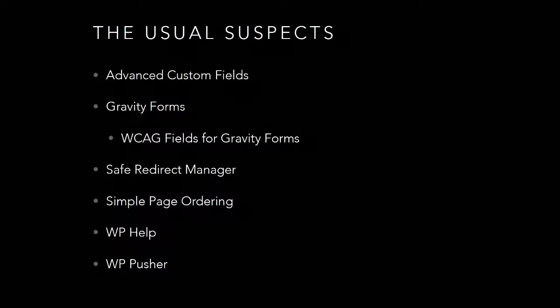I use it a lot just for whatever custom little thing that I've done for the client that's not pure WordPress. That helps me kind of keep track of that. And WP Pusher is the latest and greatest for using the WordPress plugin updater to keep up with plugins that are hosted on GitHub.